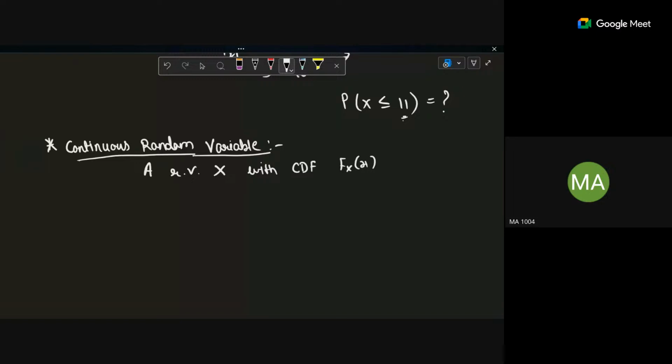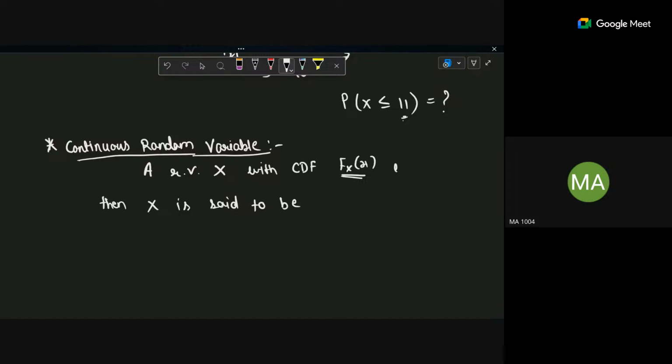Then this random variable X is said to be continuous if this CDF F_X(x) is continuous at every point x that the capital X attains. So if we have defined random variable X and its CDF, then X is said to be continuous if your CDF is continuous.